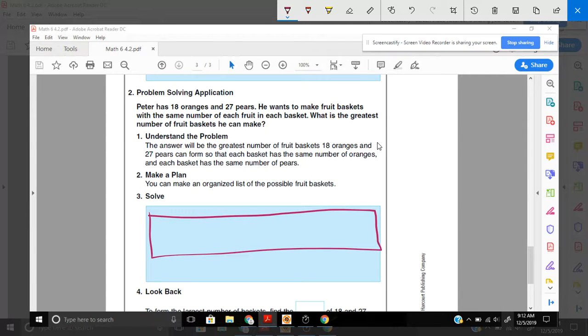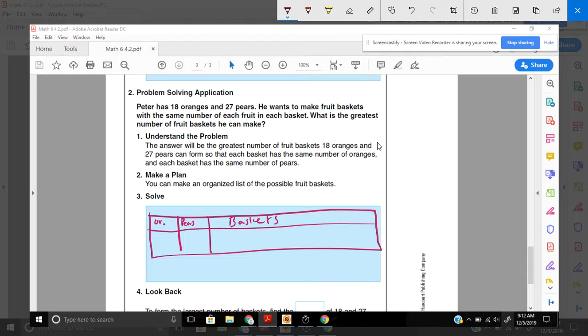I've got oranges, and I also have pears, and then I'm trying to figure out how many baskets I can make with all of my fruit. So again, I have a total of 18 oranges and a total of 27 pears. How can I separate these two?